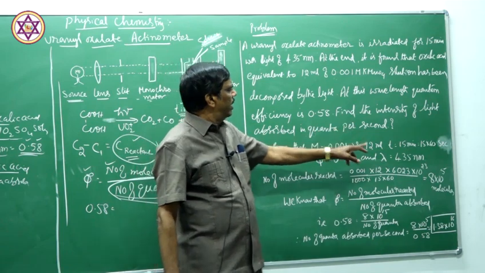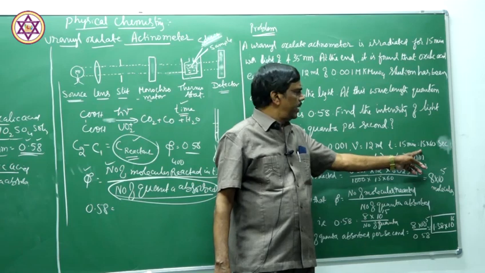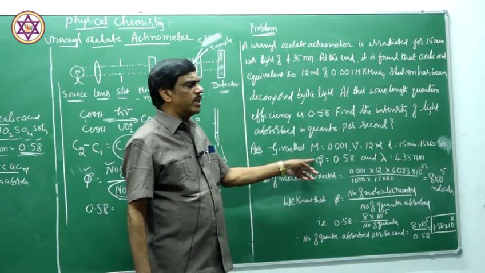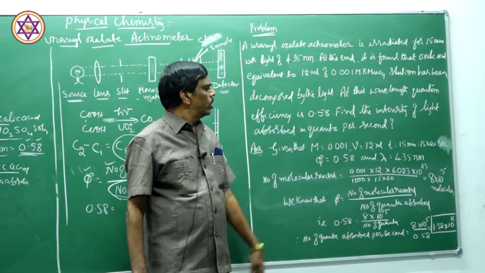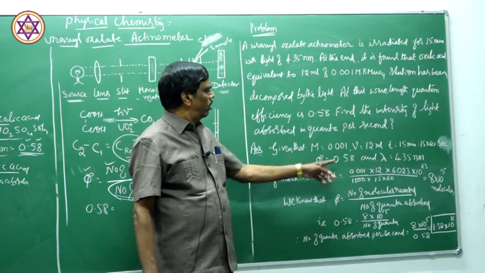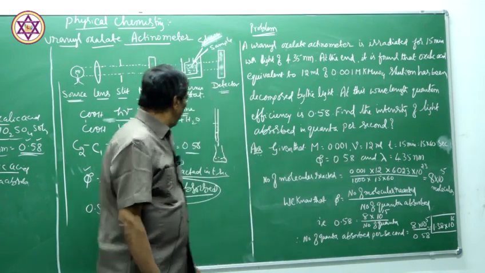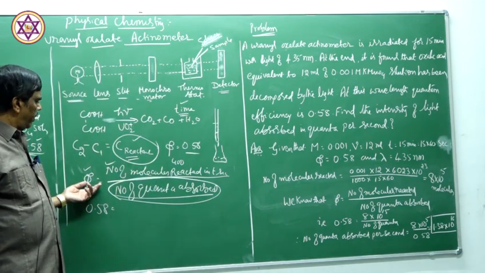So, you convert this 15 minutes into seconds by multiplying by 60, 15 into 60, and quantum efficiency of the standard solution is known, phi is equal to 0.58, and wavelength used is 435 nanometer.